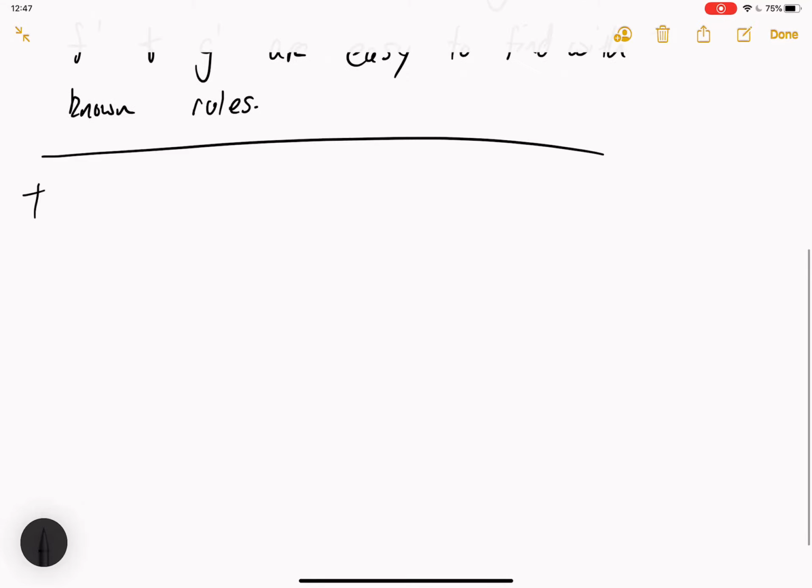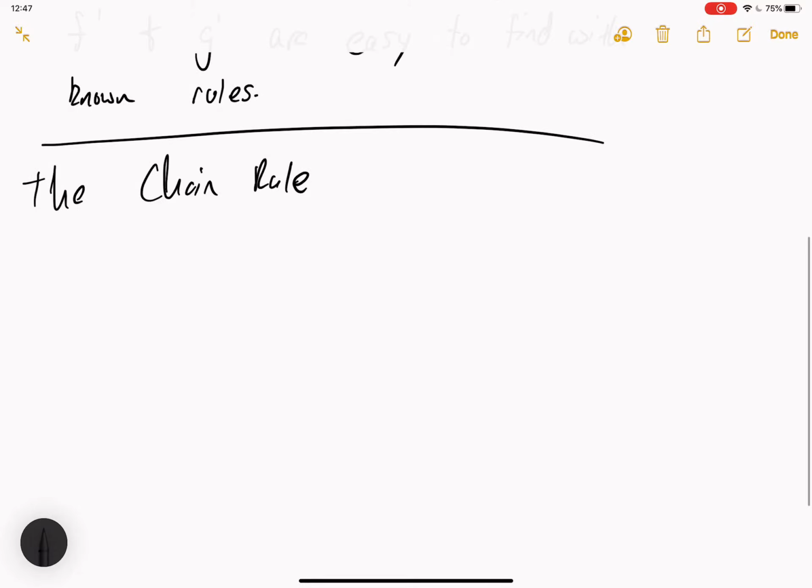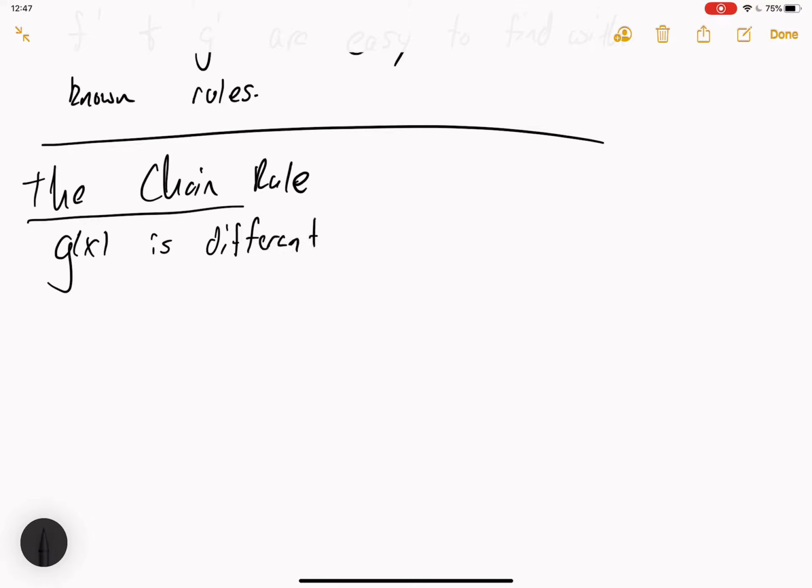So the chain rule. Let's consider g. g of x is differentiable at x. And let's have f of x be differentiable at g of x.